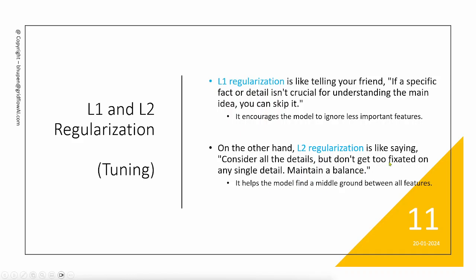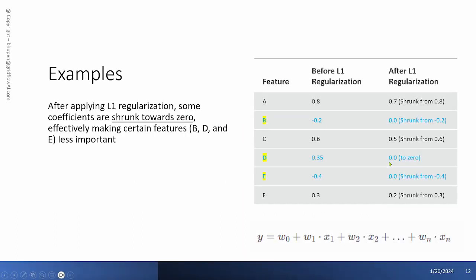That's called L2 regularization. Let's take an example of how it will look when we train a model using L1 regularization and L2. I'm taking an example of linear regression. If you look at it here, this equation is very simple and popular. After applying L1 regularization, notice what happens. These are your coefficients of the columns, like W1, W2, and Wn.